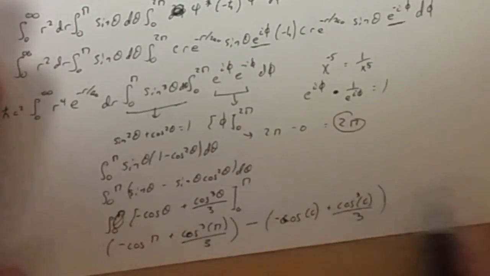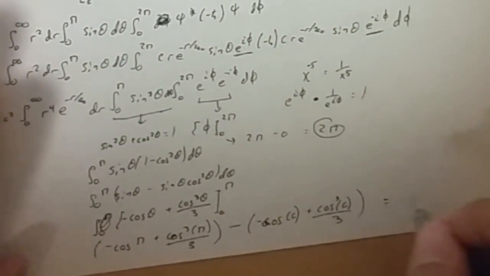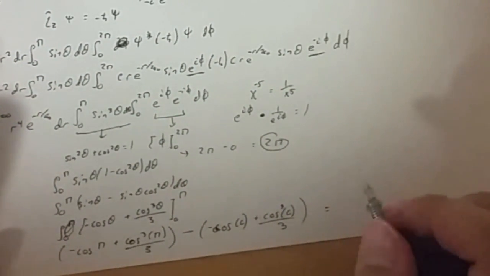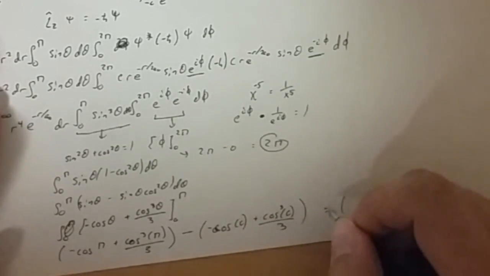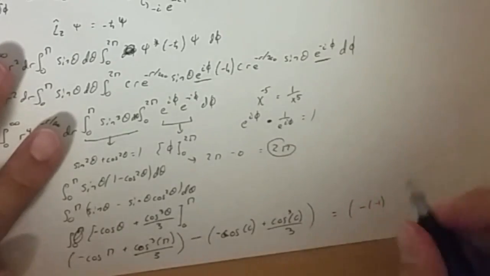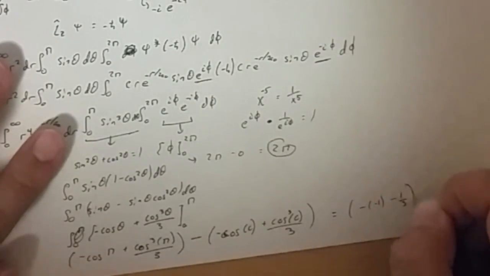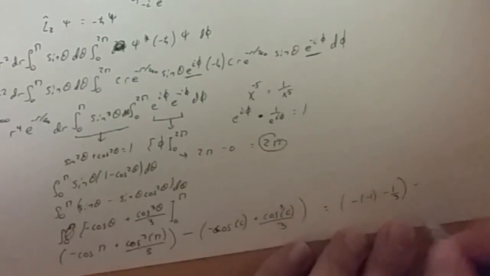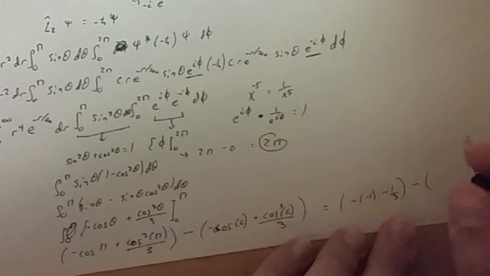Now, cosine of pi is negative 1, and cosine of 0 is just 1.